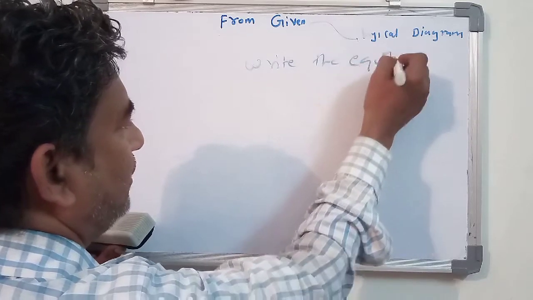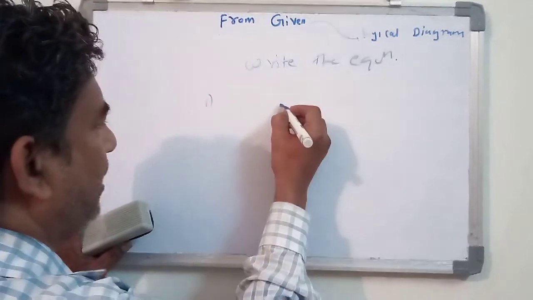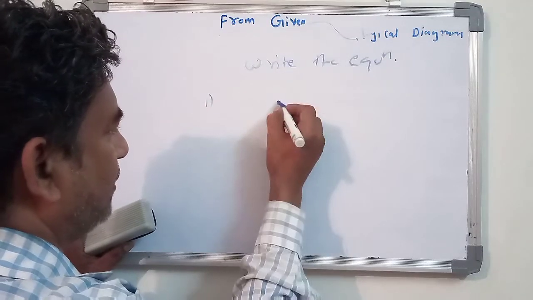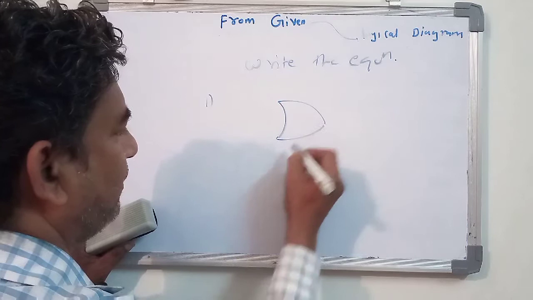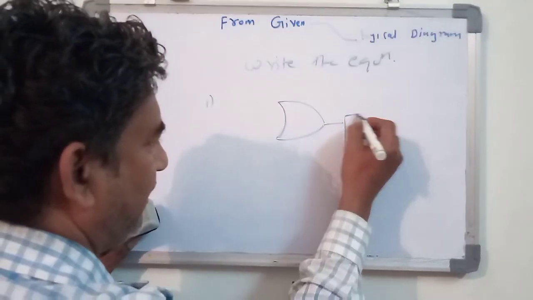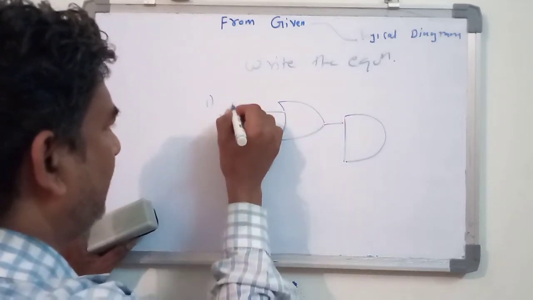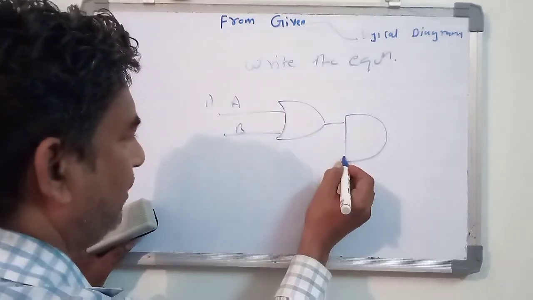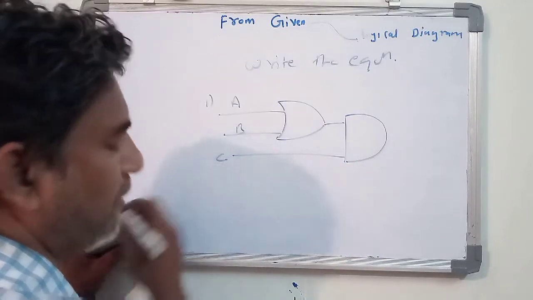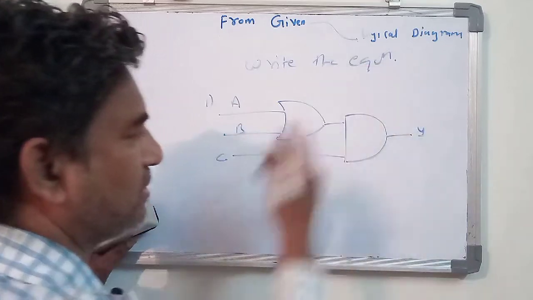Suppose you have this one diagram. Suppose it is an OR gate, connected with an AND gate like this. Here is terminal A, B, and here you have the C input. What is the output for this?